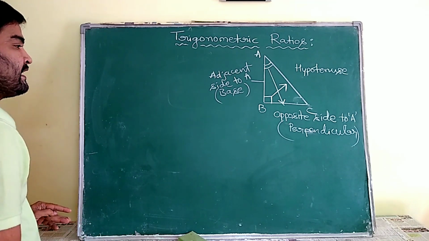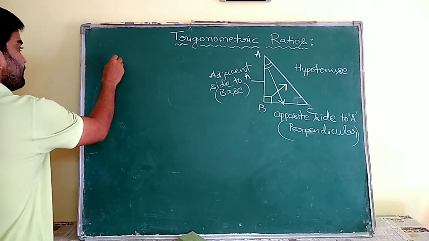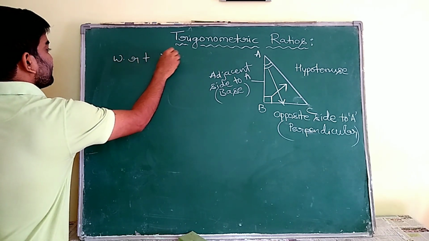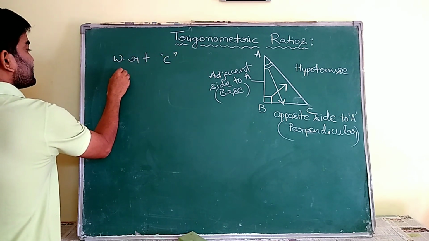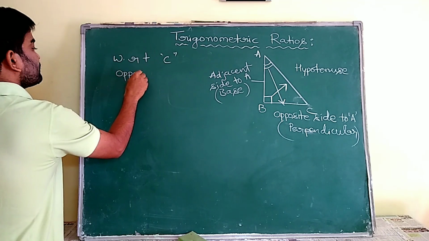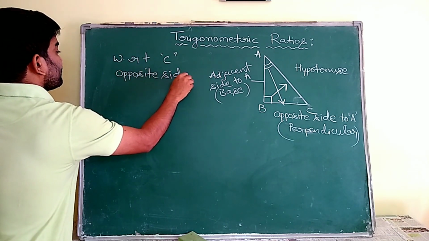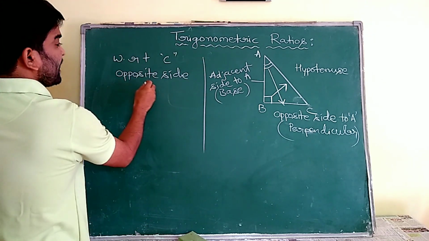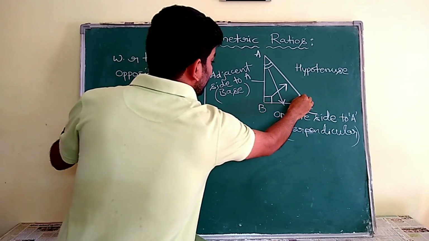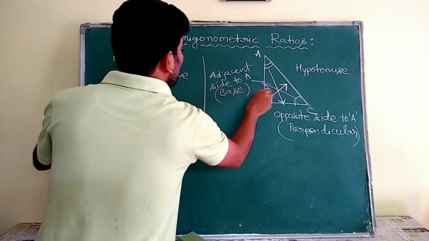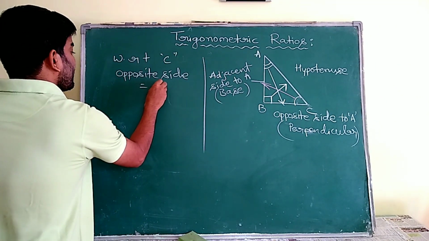Similarly, tell me, with respect to angle C, what is the opposite side? With respect to angle C, the opposite side here is AB.